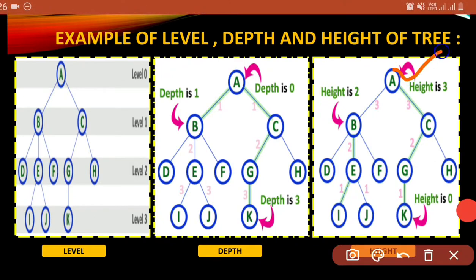Height of A is the number of counting we are doing from the leaf node. See, the height of a leaf node is 0. Then the next one is 1. The next one is 2. The next one is 3. Height of the root node is 3.